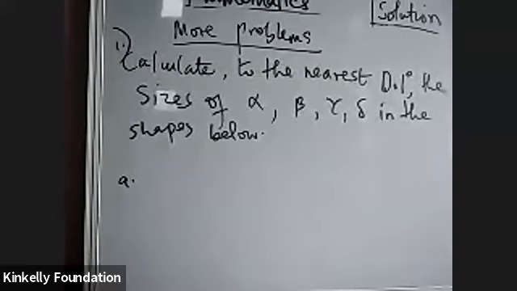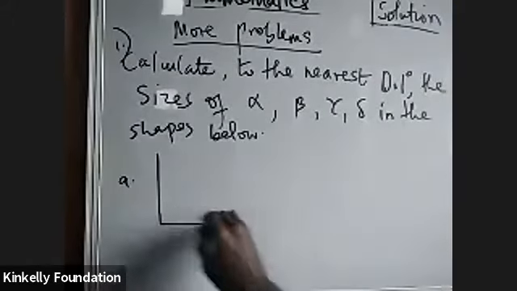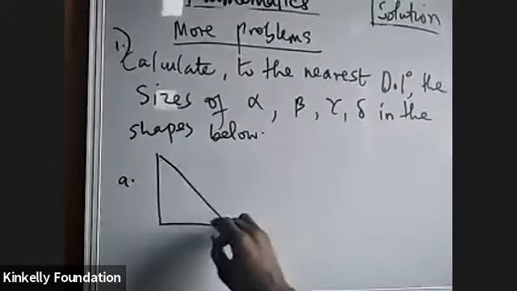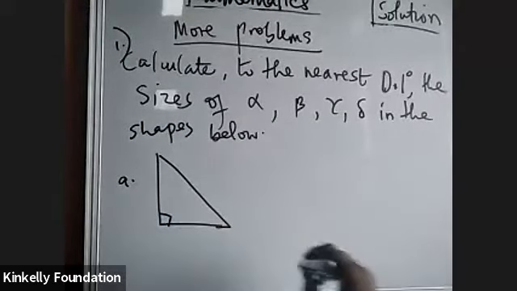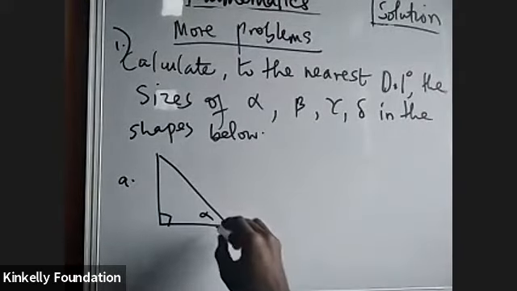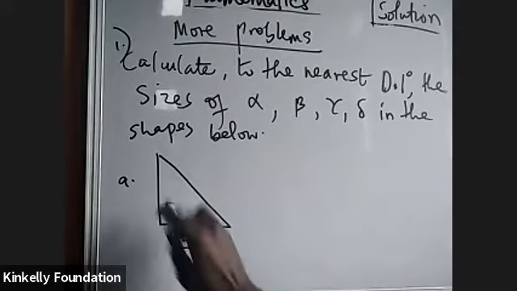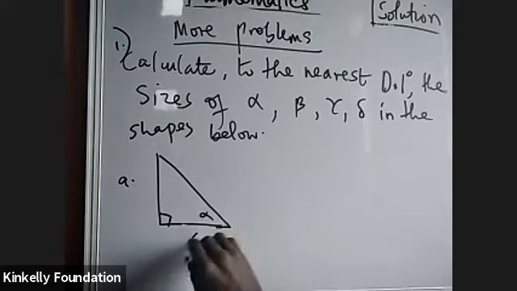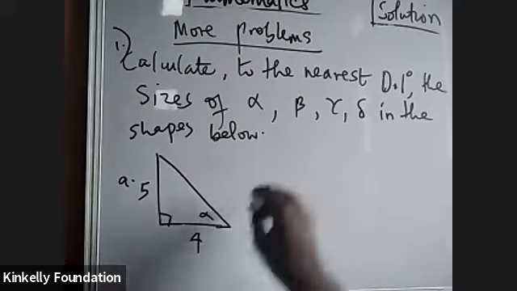If you are given something like A, this is the right angle, here is alpha, here is 4 and 5.